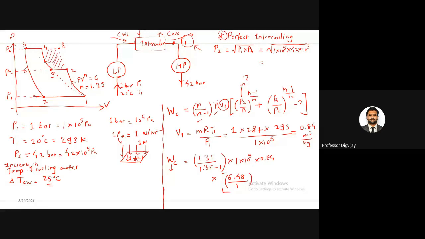This will be raised to (1.35 minus 1) upon 1.35, plus P4, which is given as 42, divided by 6.48, raised to again (1.35 minus 1) upon 1.35, whole minus 2. So do this calculation and you will get the value of compressor work required.